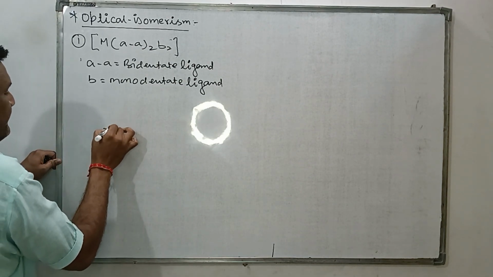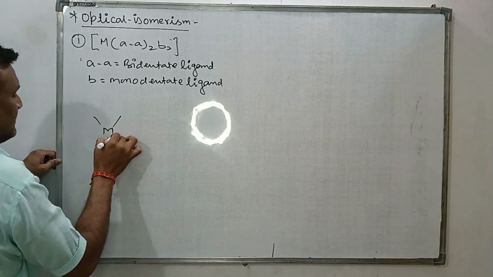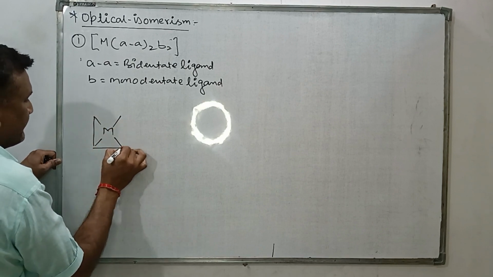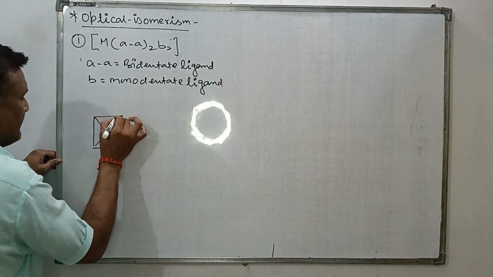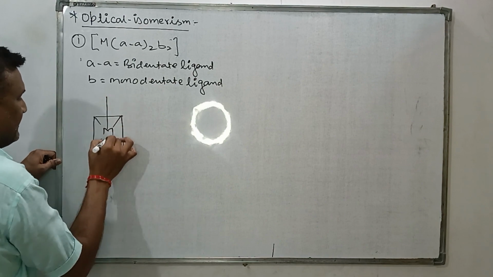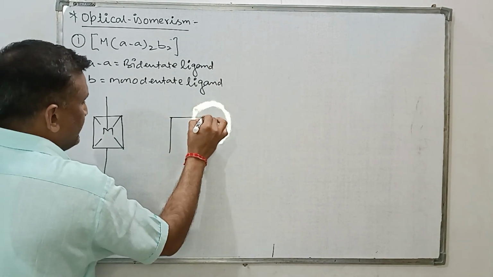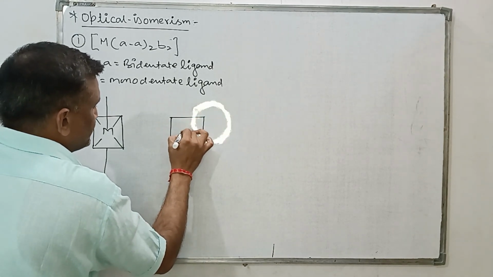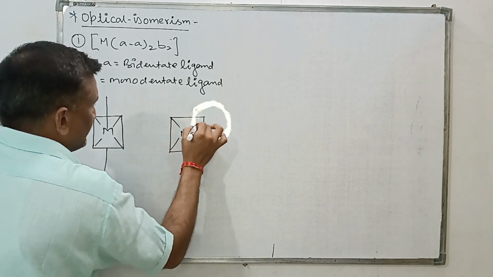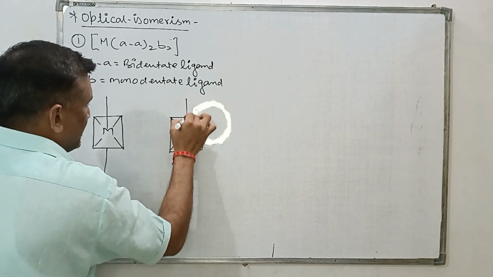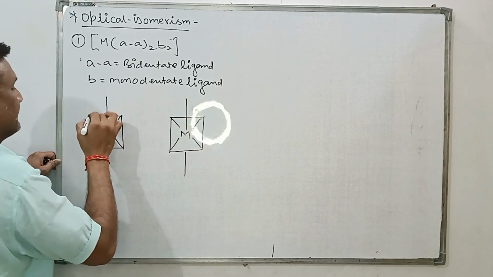If we go with the structure, it is as follows. This is M, this is the square, and above the plane and below the plane. Another form, the trans form, is as follows. This is the metal atom, with above the plane and below the plane.